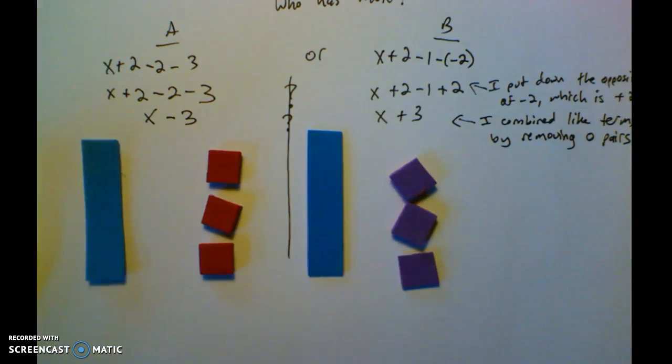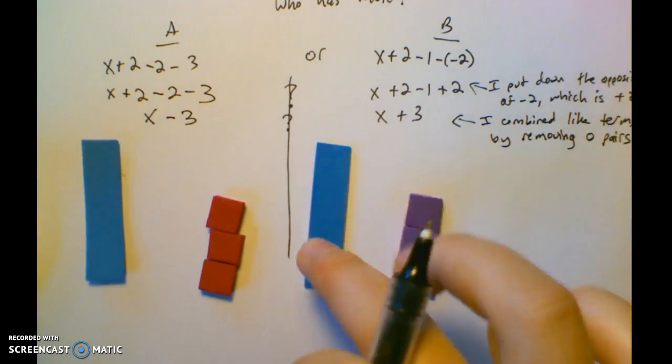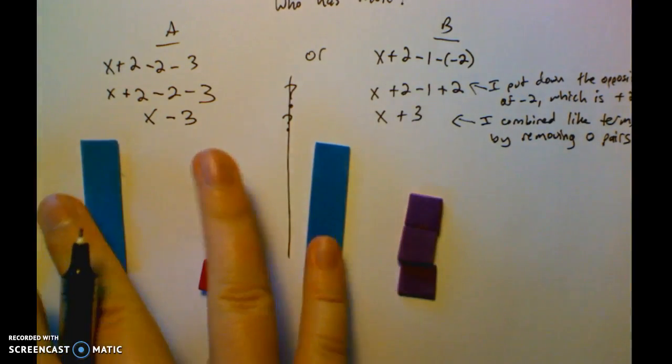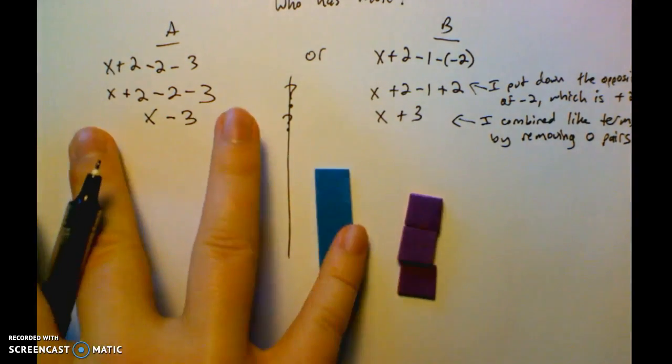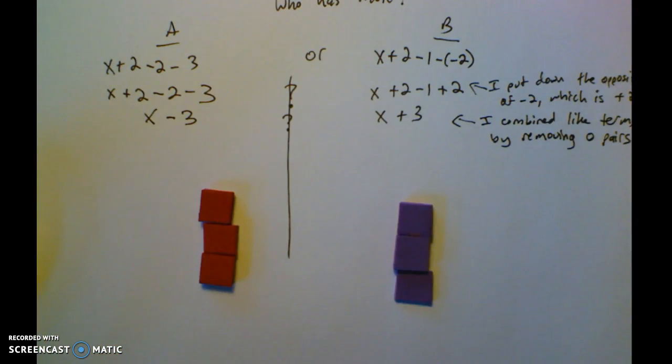Okay. So these are not quite as simple as they could be. I notice that I have an x on both sides, so if I remove the same thing from both sides, I still have the same relative value. Whoever has more still has more.